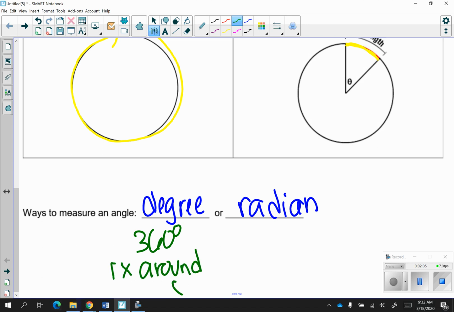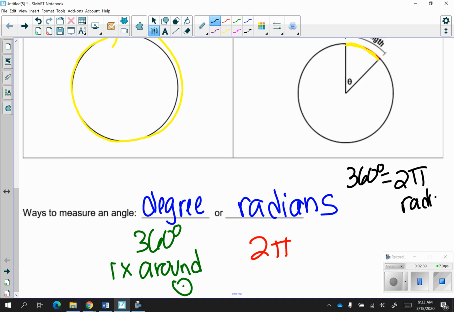I'm just going to make a little symbol for a circle. And 1 time around the circle, if we were measuring in radians, will be 2 pi. So you can see that 360 degrees is equal to 2 pi radians.